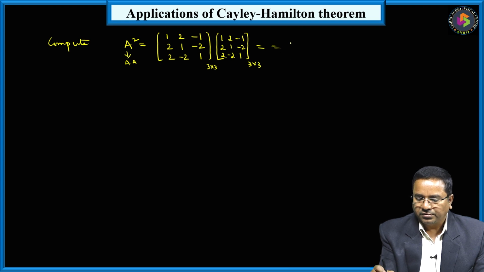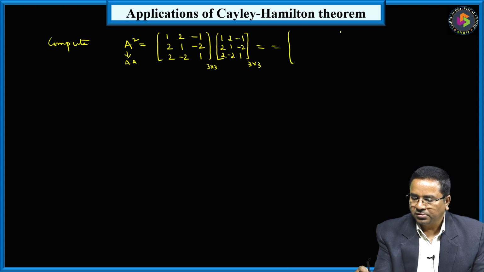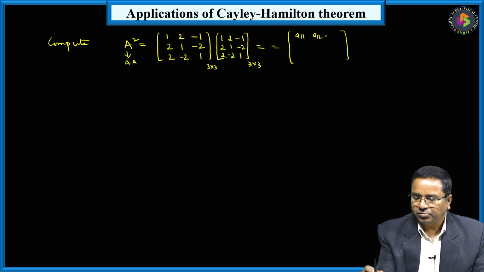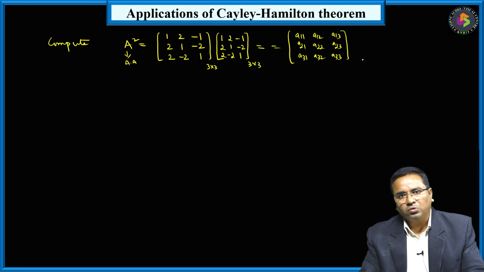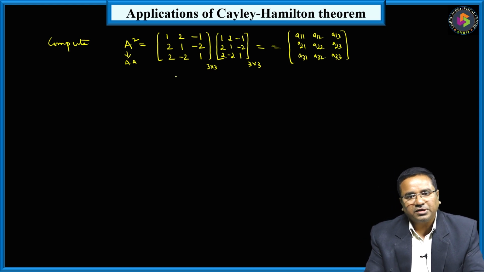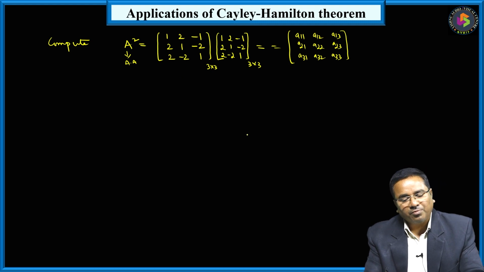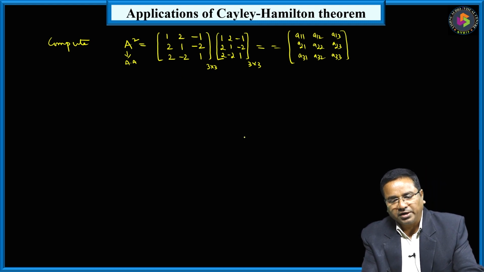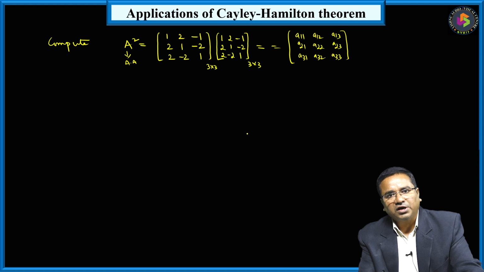So we'll get the resulting matrix like this: A11, A12, A13, A21, A22, A23, A31, A32, A33. So we know how to multiply the two matrices. A is a 3 by 3 matrix, and again we are multiplying another 3 by 3 matrix. The resulting matrix will also be 3 by 3.